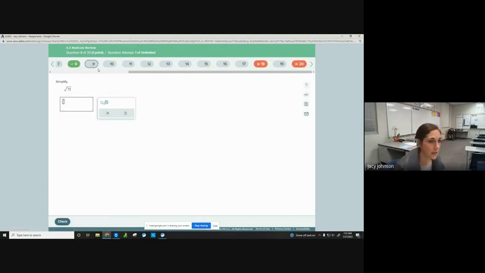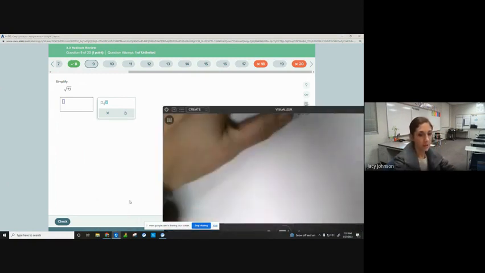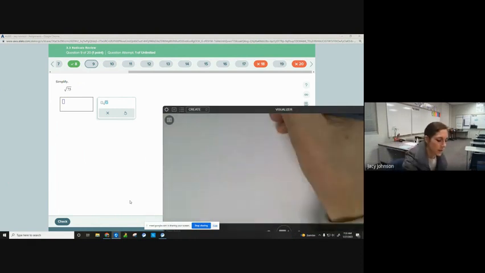Question number 9 asks me to simplify a radical. So as a reminder, how to simplify, remember on question number 5 and number 6, I could just type into my calculator.